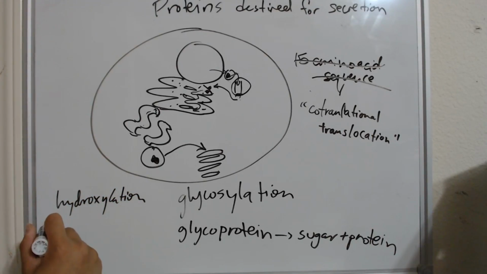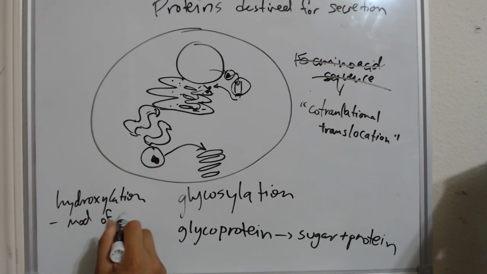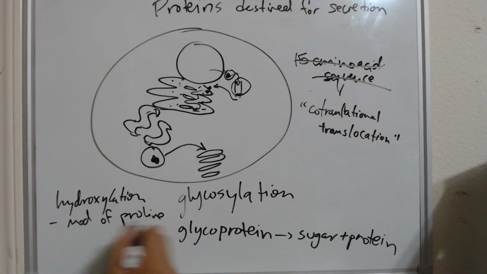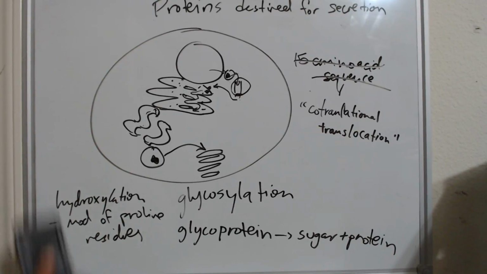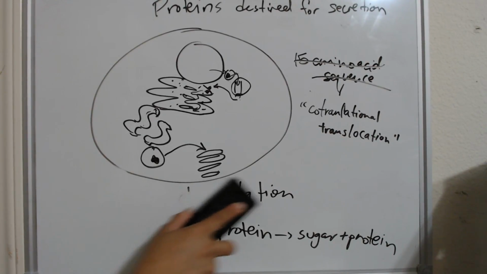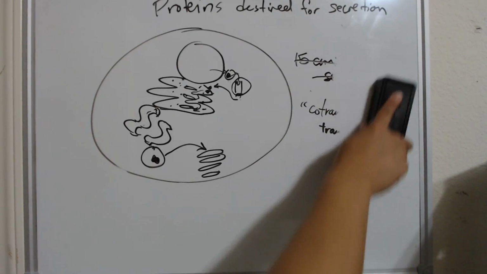These are all post-translational processes. Modification of proline residues. Okay, that's what happens in the rough endoplasmic reticulum for post-translational processing.